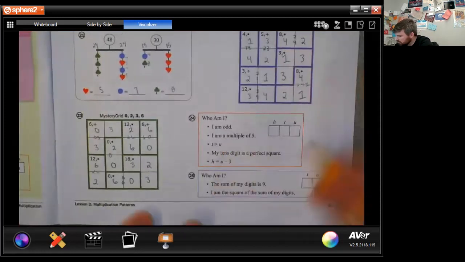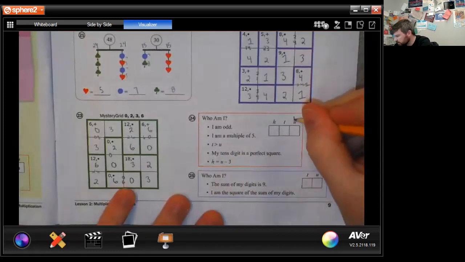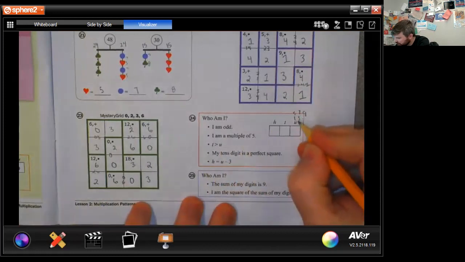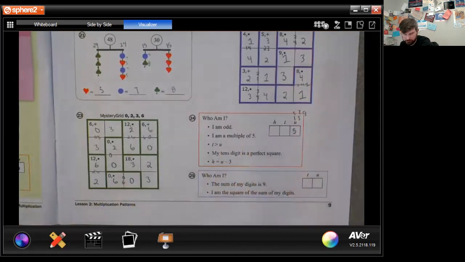I am odd. So this is 1, 3, 5, 7, or 9. I'm a multiple of 5. Okay, multiples of 5. This has to be a 5. So we can get rid of all those other numbers.